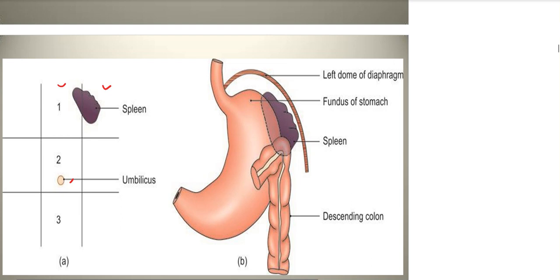And this is the dome of the diaphragm, the left dome of the diaphragm. The spleen is situated on the left side, between the left dome of the diaphragm and the fundus of the stomach. This is the situation of the spleen.